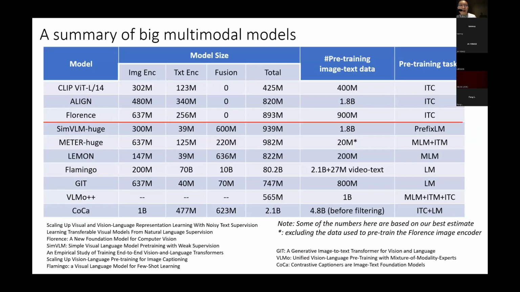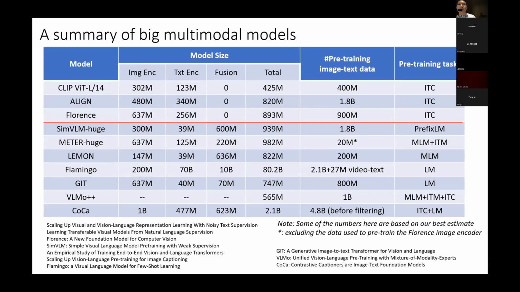So this slide is a high-level summary of the current big multimodal models that we consider as big. There are two blocks, and there are also references below this table, so you can trace into all these models. As you can see, the top part of this table are dual encoders, which we will not cover. But basically, they are all using the so-called ITC loss, as we introduced in the first talk, the image-text contrastive loss.